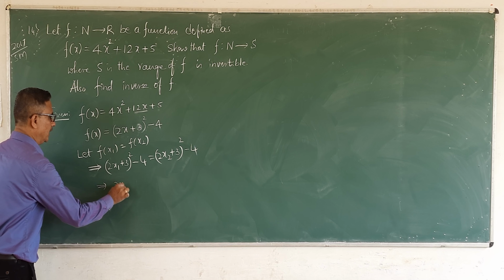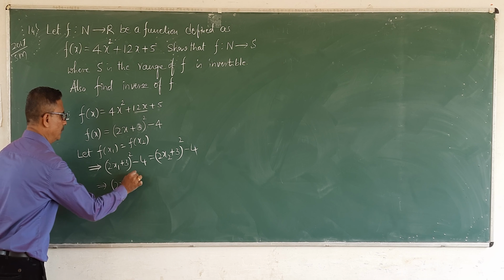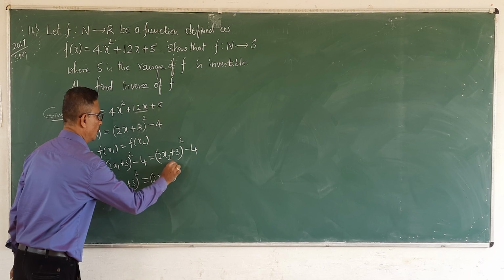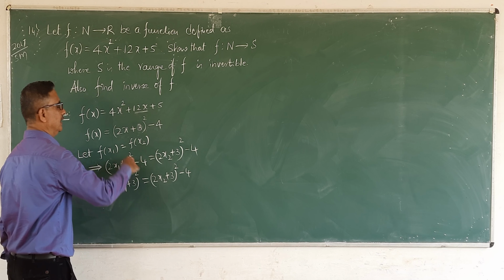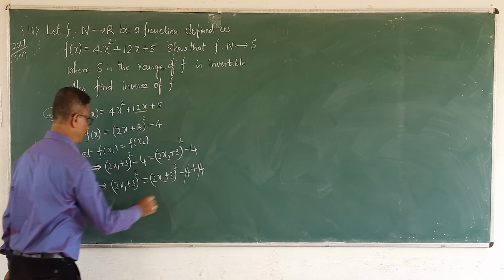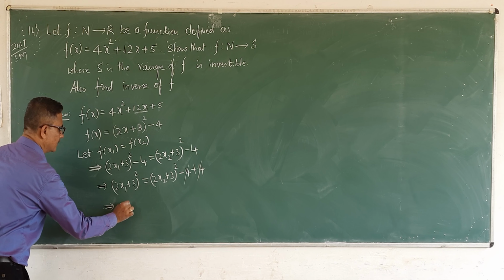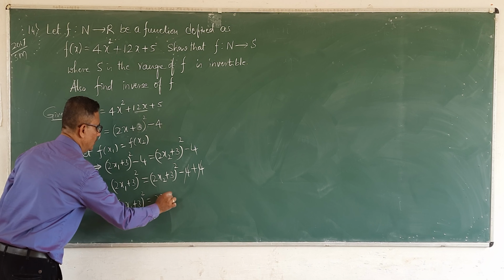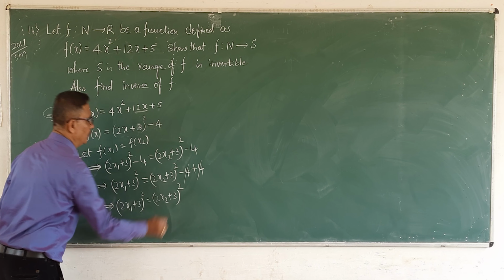Simplify. That minus 4 goes to the right side, plus 4. Minus 4 plus 4 cancel, which implies (2x1 plus 3) whole power 2 is equal to (2x2 plus 3) whole power 2.